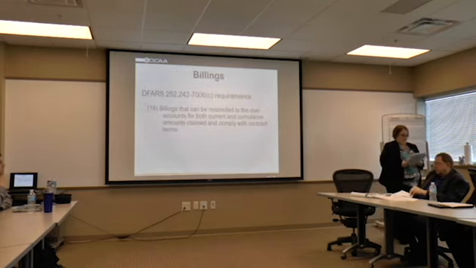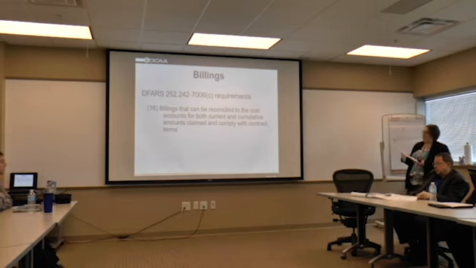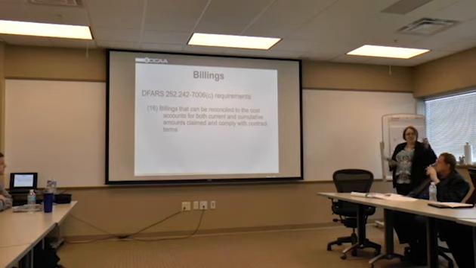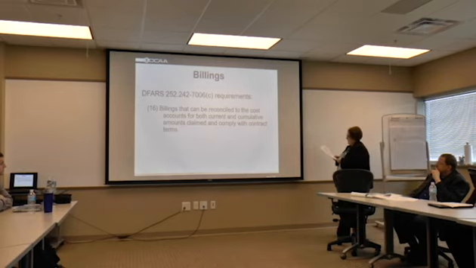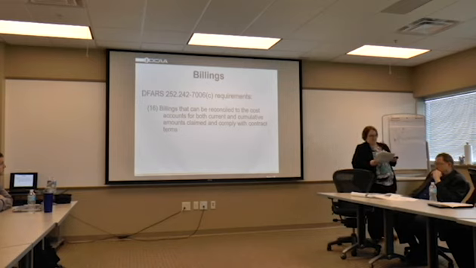Billings, interim billings, progress payments, or public vouchers. Well, that was a good lead-in, and I didn't even realize I did it. Direct costs need to be prepared directly from the books and records, again excluding unallowable costs.